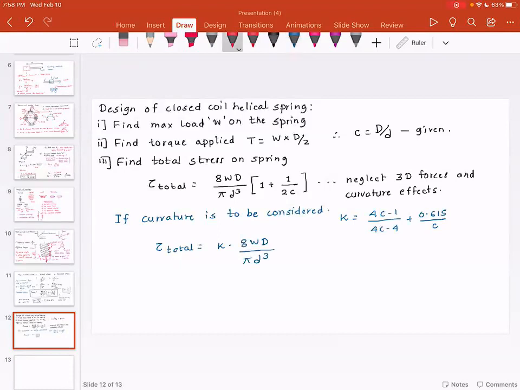Now from this equation we should be able to find the diameter or wire diameter of spring.